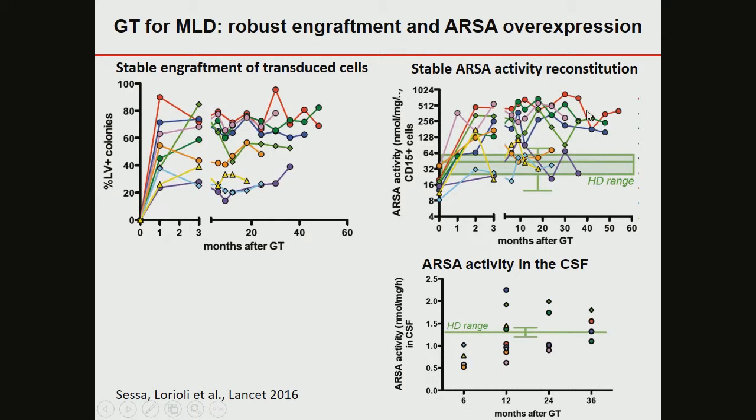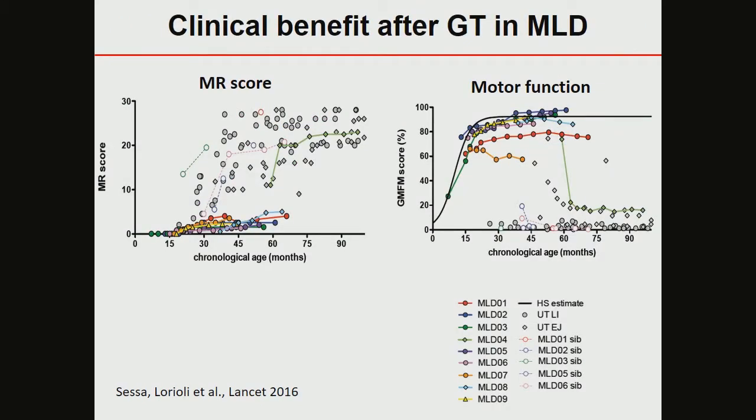They produce high levels of the enzyme in the blood, but most importantly, they also produce normal levels of the enzyme in the CSF. So this suggests that we have achieved local administration of the enzyme through the blood cells which migrated there. And this results in a dramatic change in the outcome of the disease.